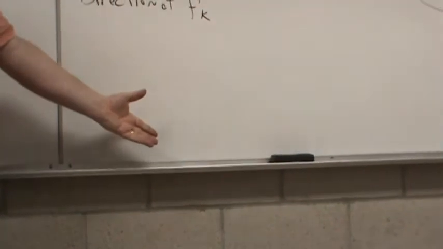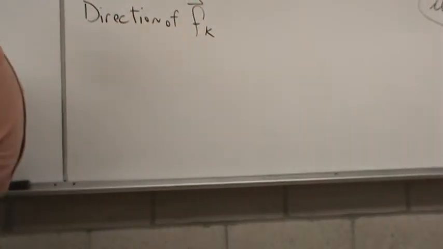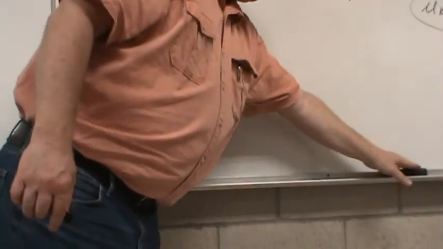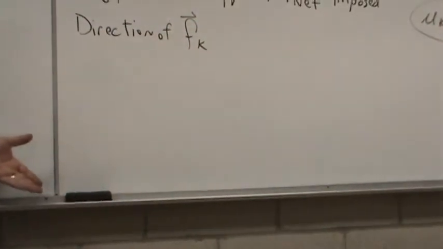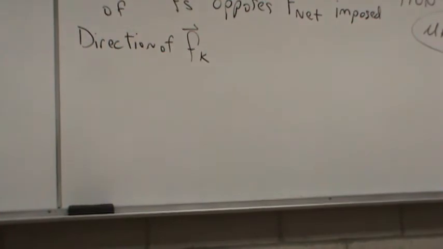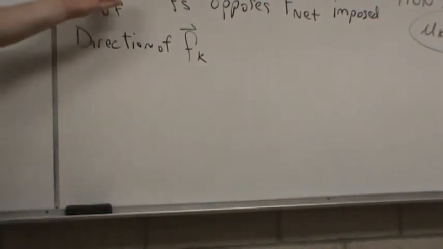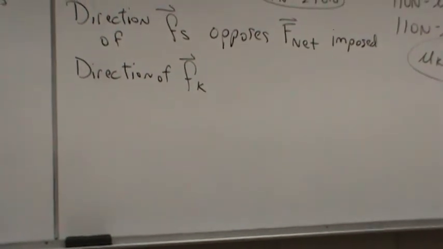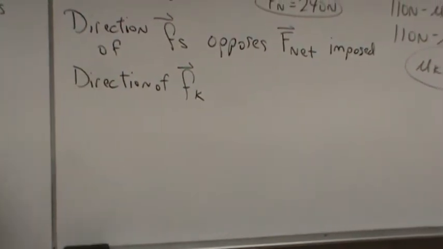Well, hopefully you're thinking to the left because it slowed it down, right? If I slide it to the right, it slows down, which means the kinetic friction force is to the left. If I slide this to the left, it slows down, which means the kinetic friction force must have been to the right. So unlike static friction force, which opposes the imposed net force, what's the direction of the kinetic friction force always oppose?